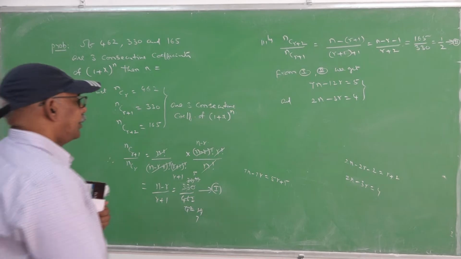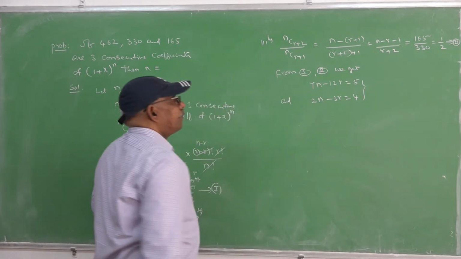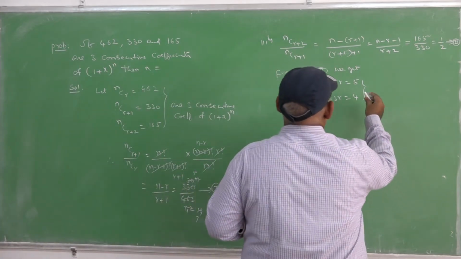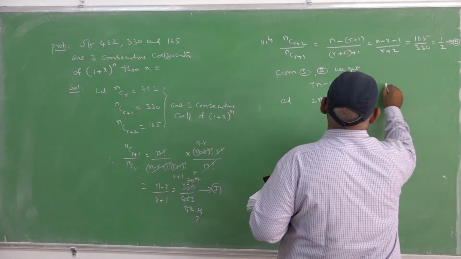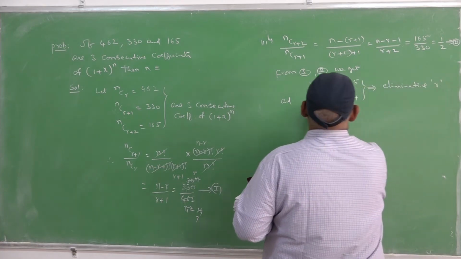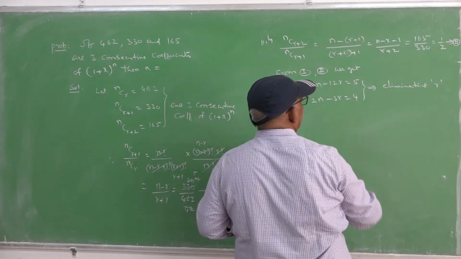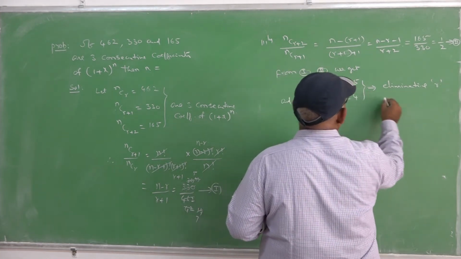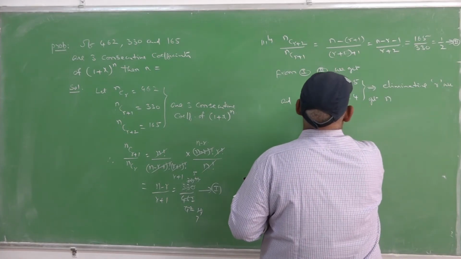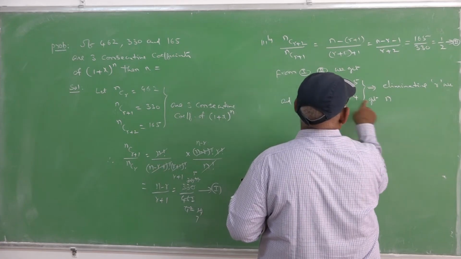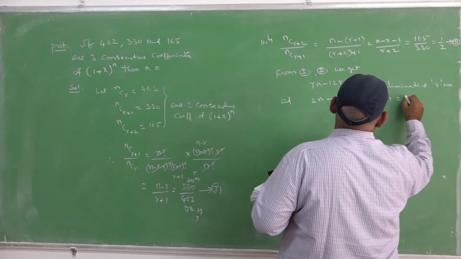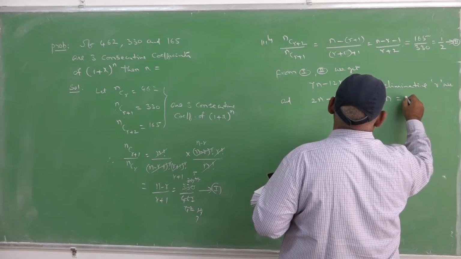Solving these two results and eliminating r, we get the value of n. So that implies eliminating r here, taking the product with 4 and subtraction, we get n equal to 8n minus 7n. 8n minus 7n gives us n equal to 16 minus 5, that is 11.